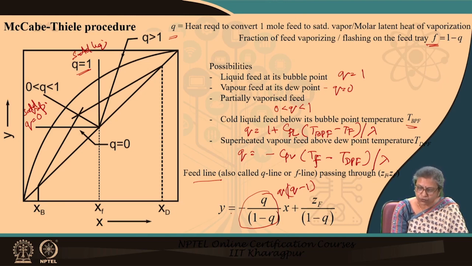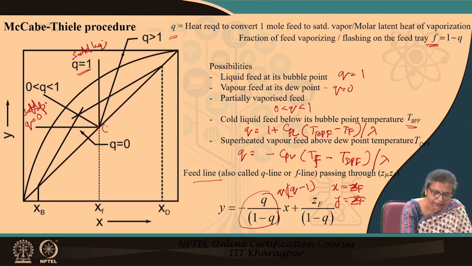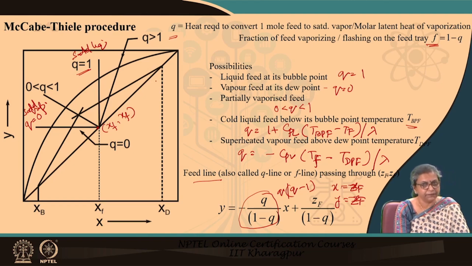And also you know, for this particular case, if your x equals xf, or rather zf, then your y also becomes equal to zf. So, for the feed point as well, there will be one point on the Q line which is going to lie on the diagonal line, right.